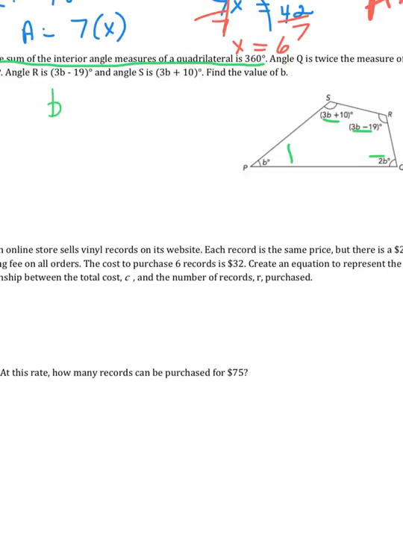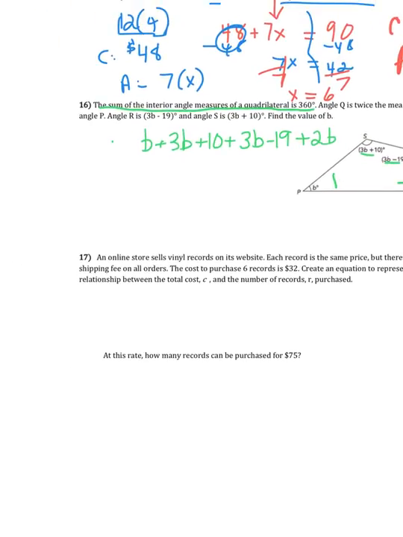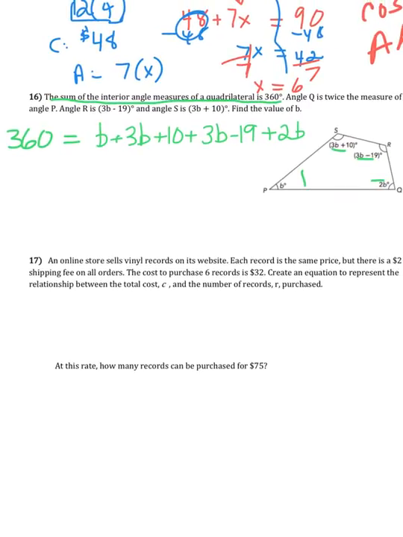So you're going to have B plus 3B plus 10 plus 3B minus 19 plus 2B, and all that added up. I'm going to put the equal sign on this side because I'm running out of space, is going to equal 360 degrees. So now I'm going to put my B's together. B, 3B, 3B, 2B. So that's 3, 4, 5, 6, 7, 8, 9 B's.